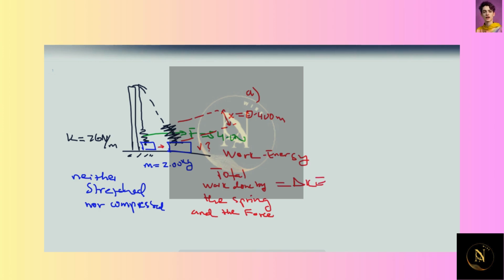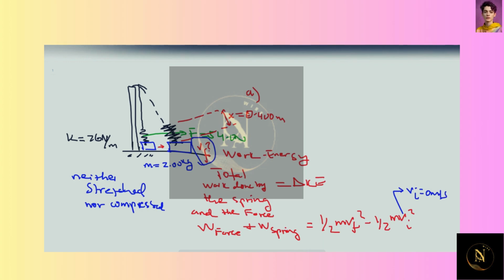And so we have work done by the force, and then we also have work done by the spring, and the change in kinetic energy is 1/2 mv final squared minus 1/2 mv initial squared. The goal is to find this final velocity. We know the initial velocity is 0 meters per second.